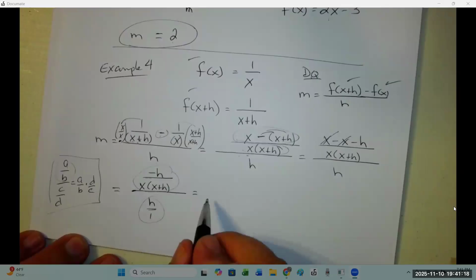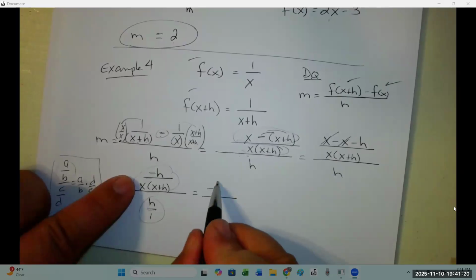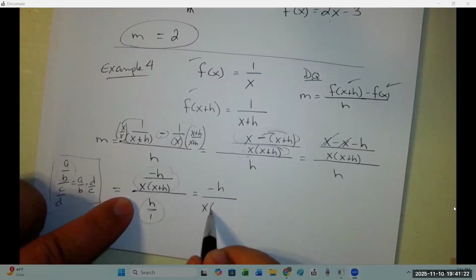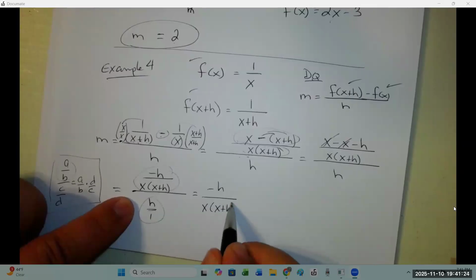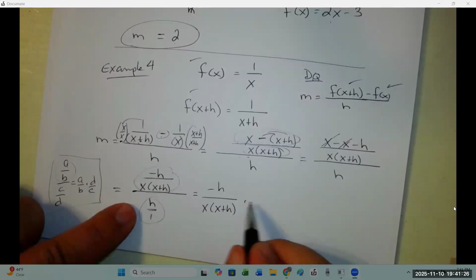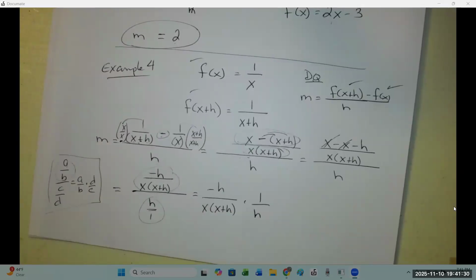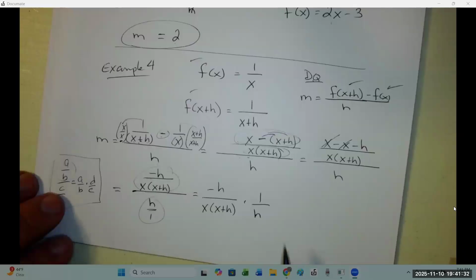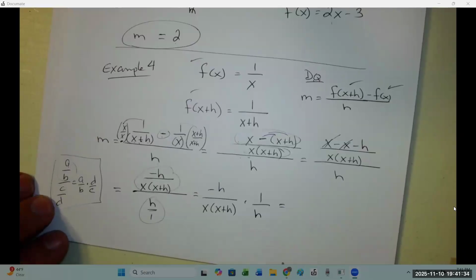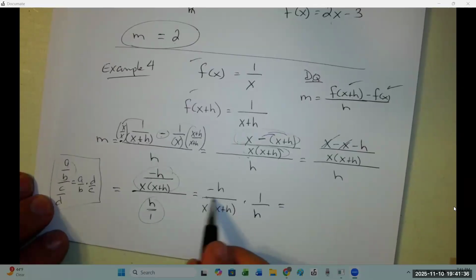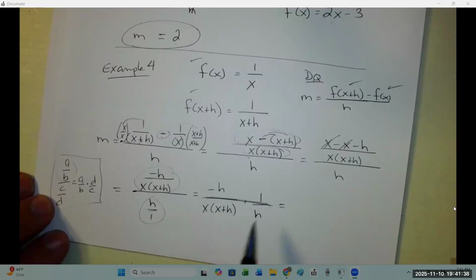So that's what you see here. We have on top negative h over x plus h, and flip the bottom, so it's 1 over h. Since they're multiplied, does anything on top cancel with anything at the bottom?